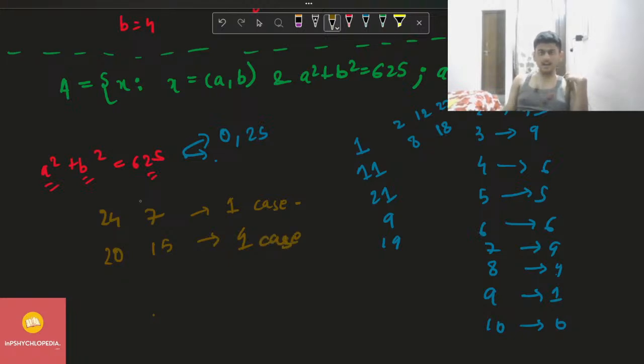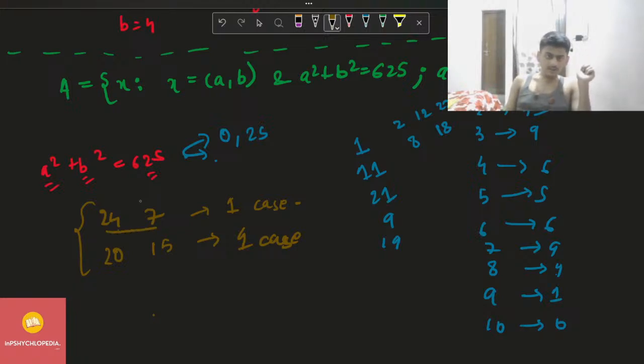since here a, b belong to integers, we cannot be happy by getting only these two sets of values. So we will check how many integer pairs we can make out of it.